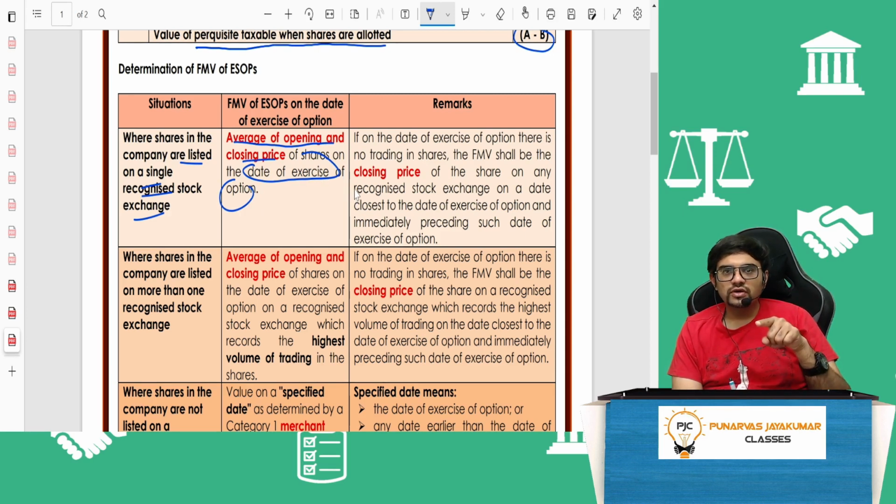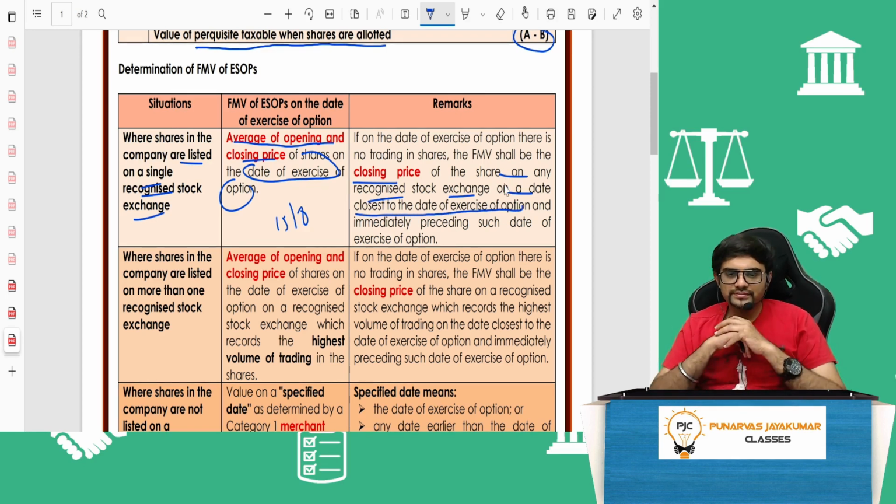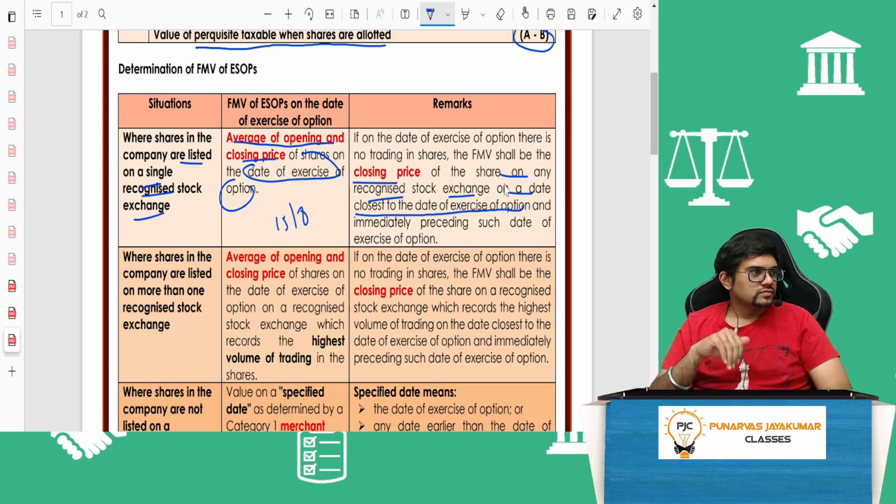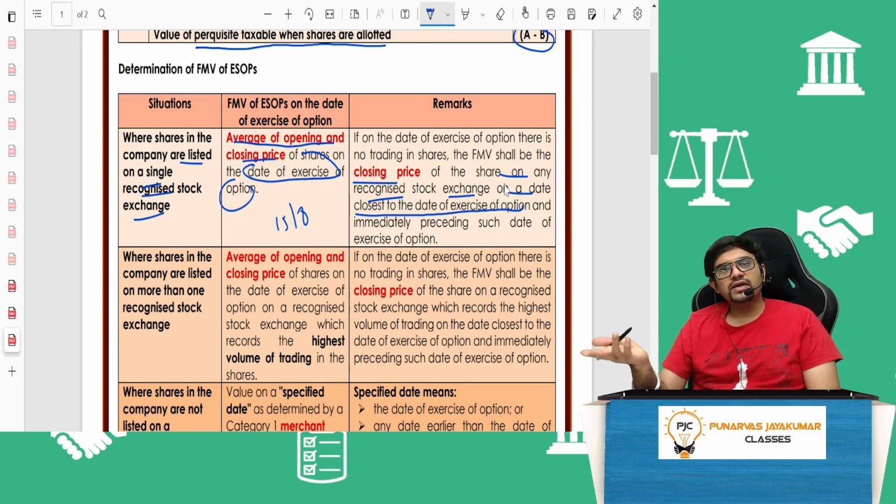But if on that date there was no trading, say 15th August, then the closing price of the share on any recognized stock exchange on the date closest to the date of exercise, the immediately preceding day. If 15th August was a Monday and 14th August was a Sunday, then you go to Saturday, Friday, like that.